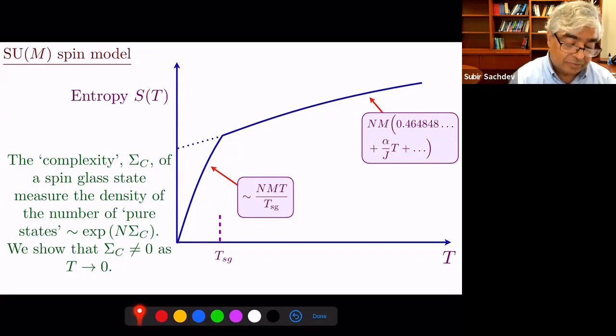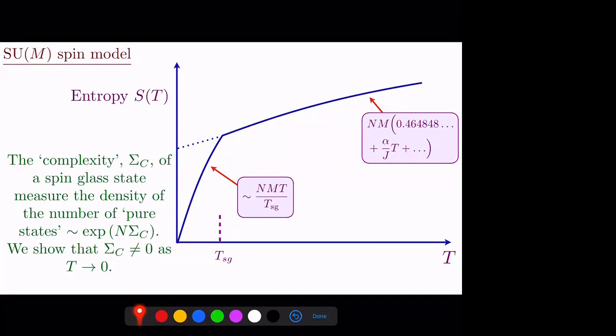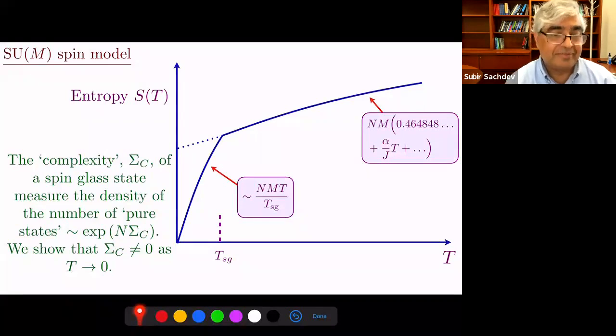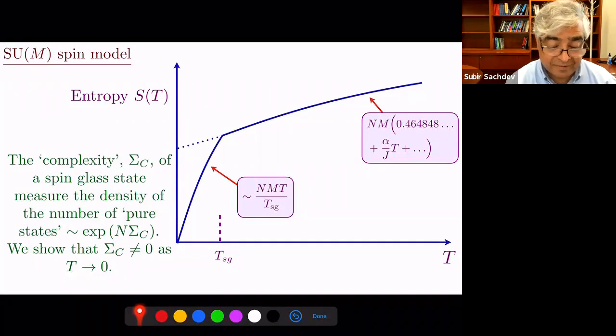And what we've shown is that this complexity, even in the zero temperature limit, is a finite number. Well, it's hard to compute it in our theory, but we can at least give a general route to computing it and showing that it's non-zero as T goes to 0. Now what this complexity has to do with the complexity that people are talking about in holography these days is an interesting question. It's obviously measuring something very similar, but I'm not sure it's identical.